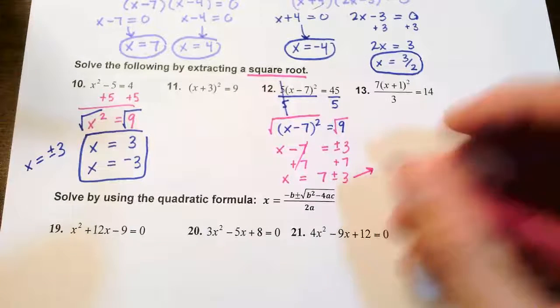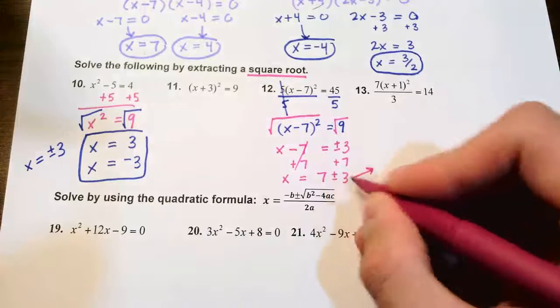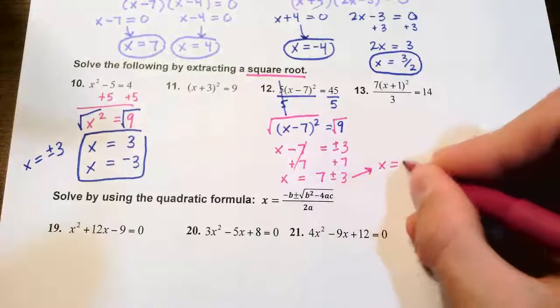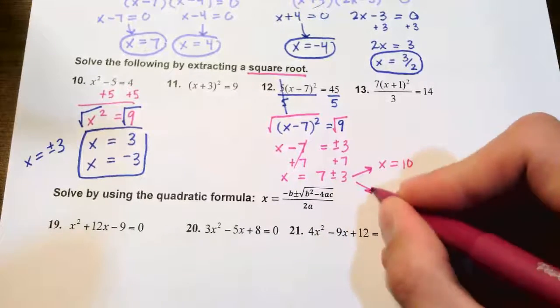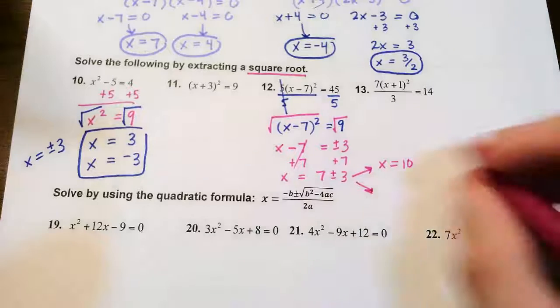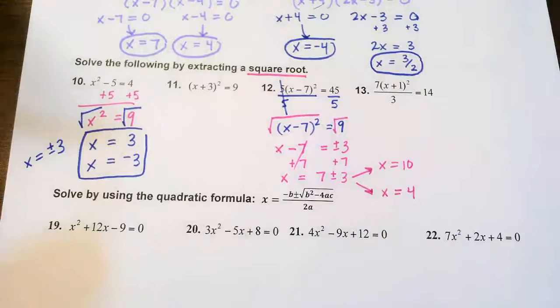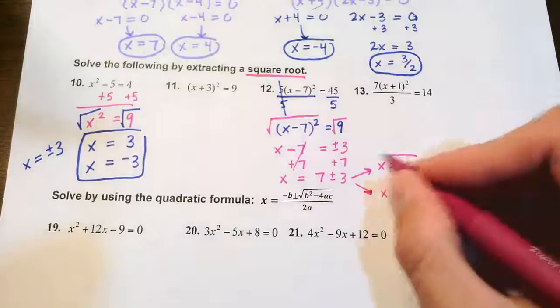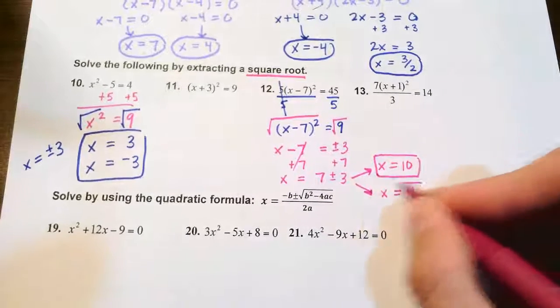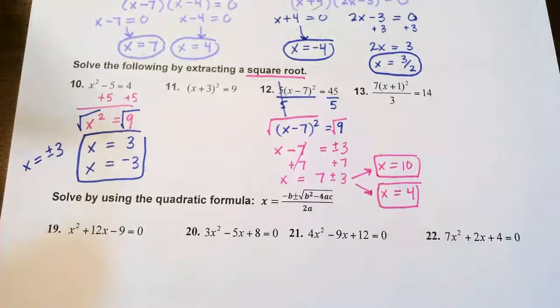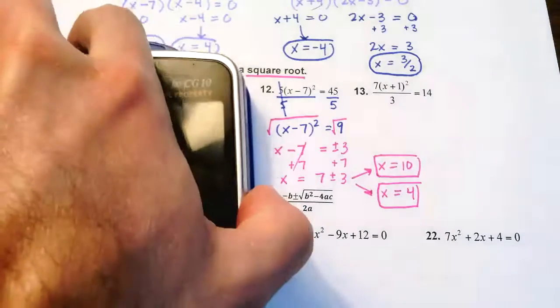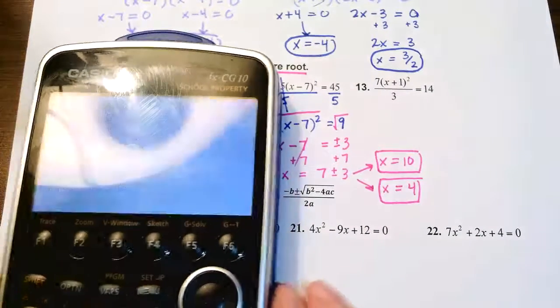So 2 answers are going to be 7 plus 3, that's going to give us x equals 10, and 7 minus 3 is going to give us our other answer, which is 4. Both of those solutions should work. They should make the equation true. Let's go ahead and just check them.